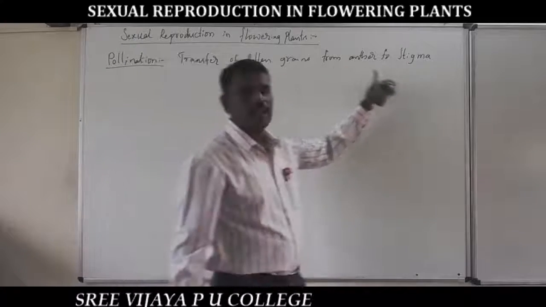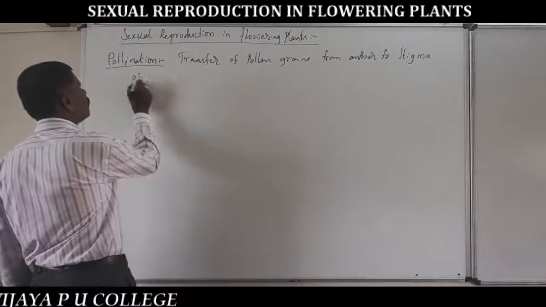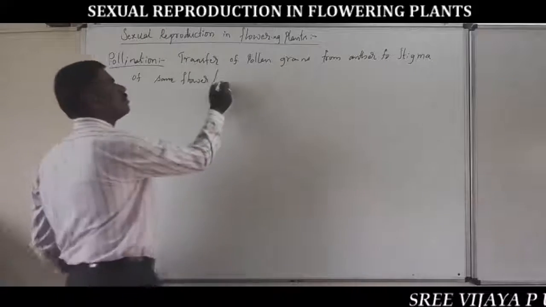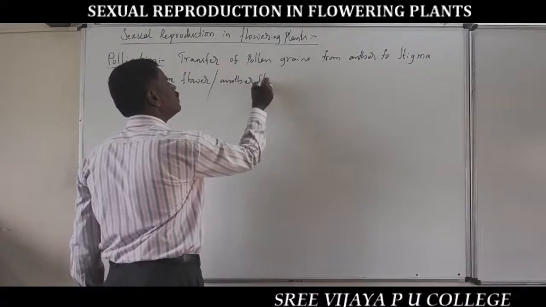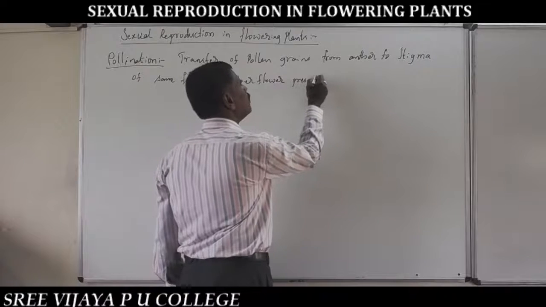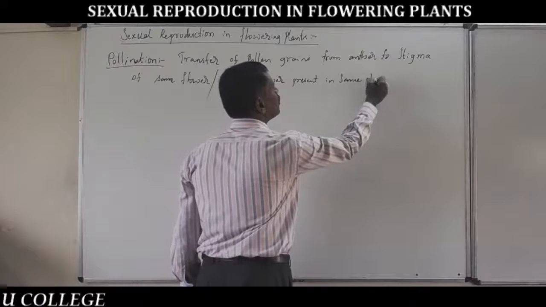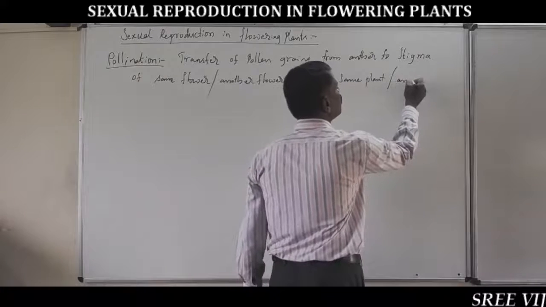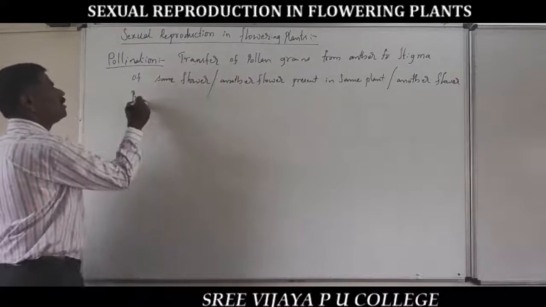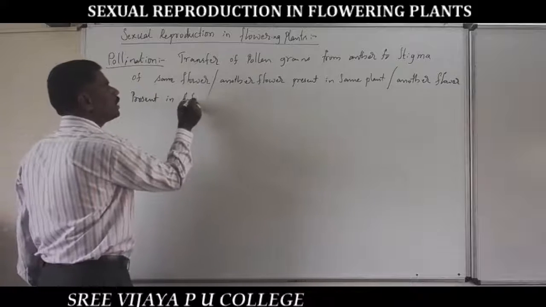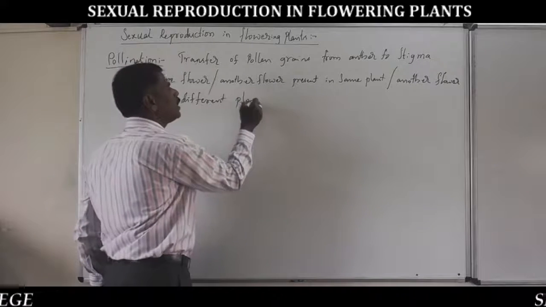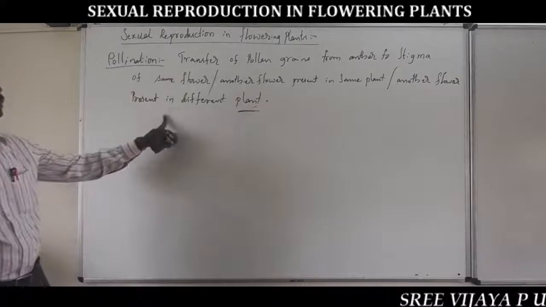The transfer of pollen grains from anther to the stigma of the same flower, or another flower present in the same plant, or another flower present in a different plant. This process is called pollination.